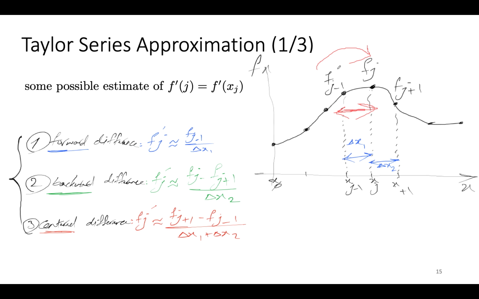On the other hand, if you go backward from f of j plus 1, with delta x2, you're going to have a backward difference. And there is another one, called center difference. So you start from here up to here and you go to the center. That's why you need to add these two as a whole, so delta x1 plus x2.